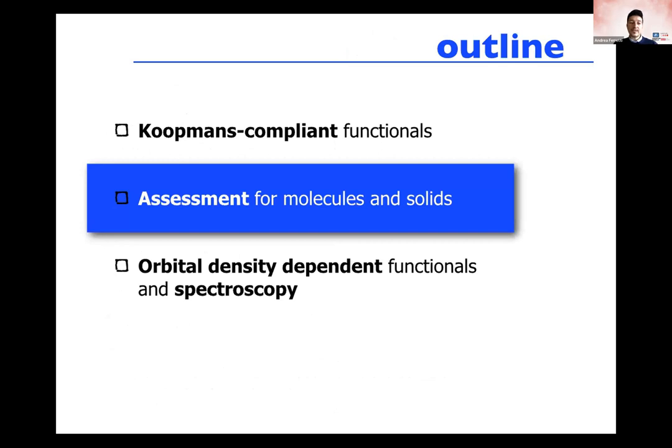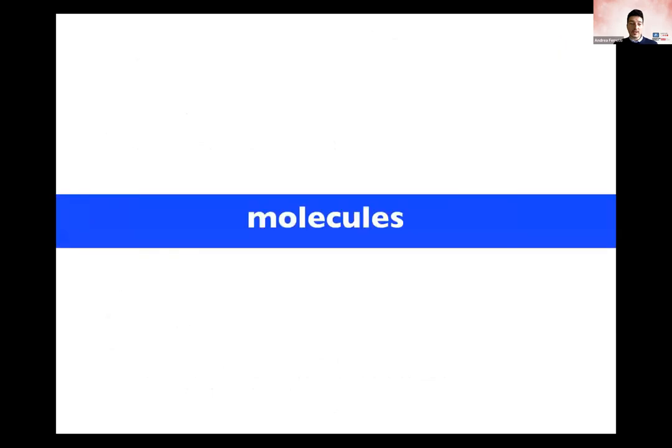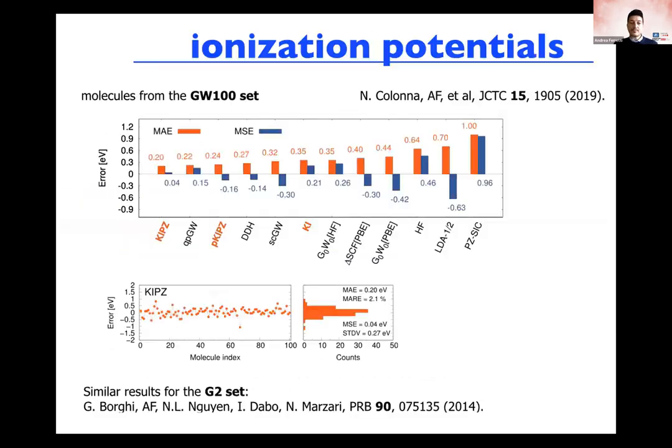Now, let's look at how this works in molecules and solids. So here is the famous GW100 set that contains 100 relatively small molecules and deals with both ionization potentials and electron affinity. I think these results here are for ionization potentials, and this comes from a work led by Nicola Colonna in the group of Nicola Marzari.